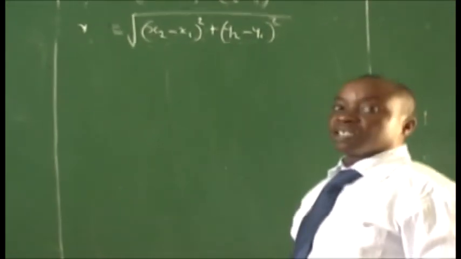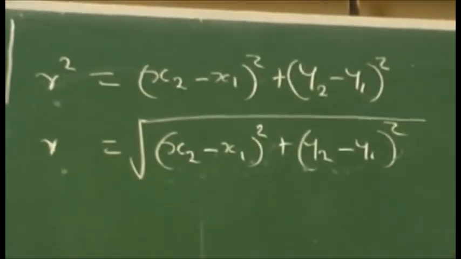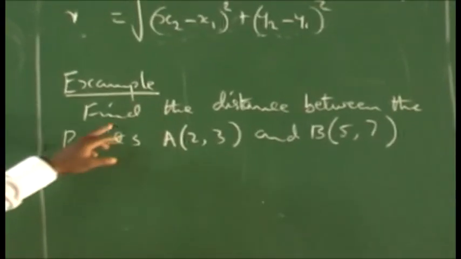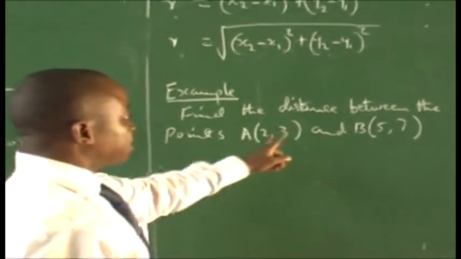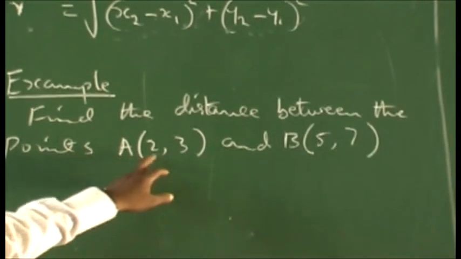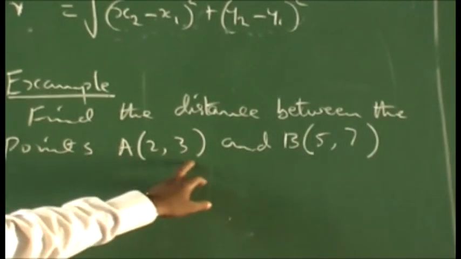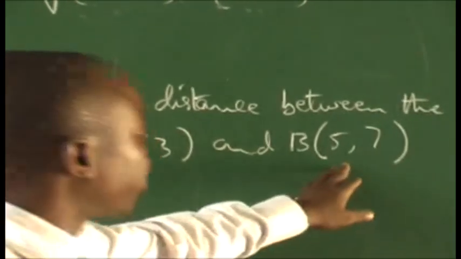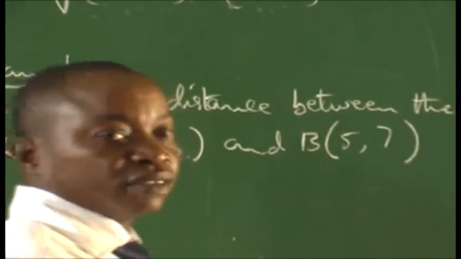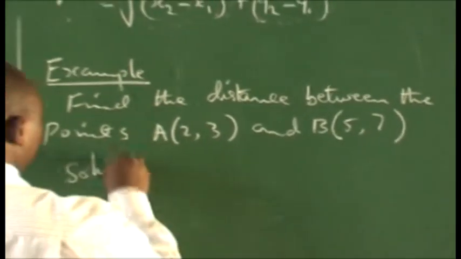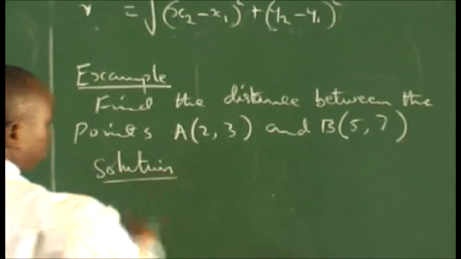Now let's take an example and see how you can apply it. We are going to find the distance between the points. Point A has coordinates 2 and 3, and another point B has coordinates 5 and 7. Now, the solution.